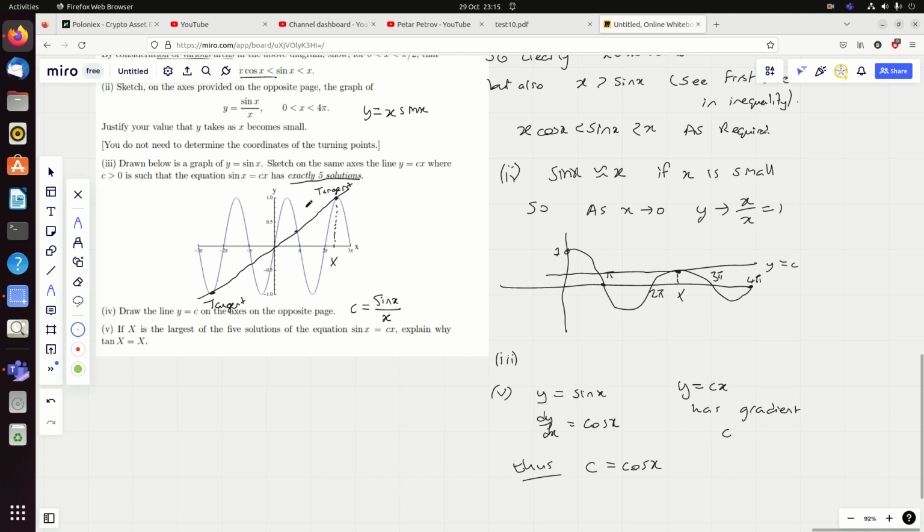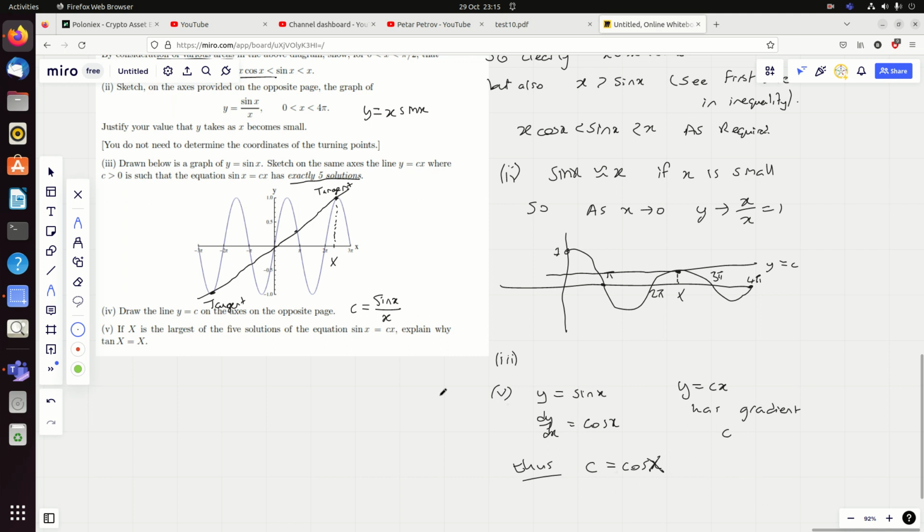It's so much easier doing it that way because we know the gradient function of sine x, and therefore we know the gradient at every point on the curve. We can see c equals cos X, and I should make it clear that's cos of that capital X there as well. The gradient of sine x anywhere on the curve is just cos x, so I can just plug X in and find that c equals cos X, because that's the gradient of the straight line.